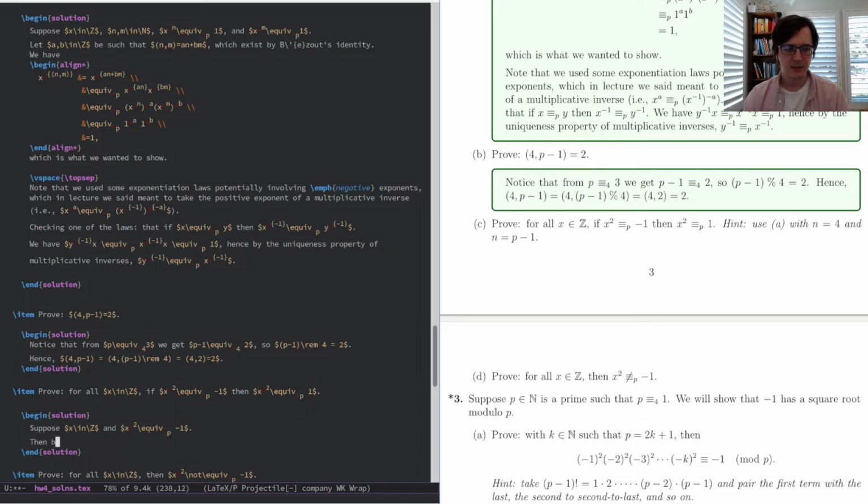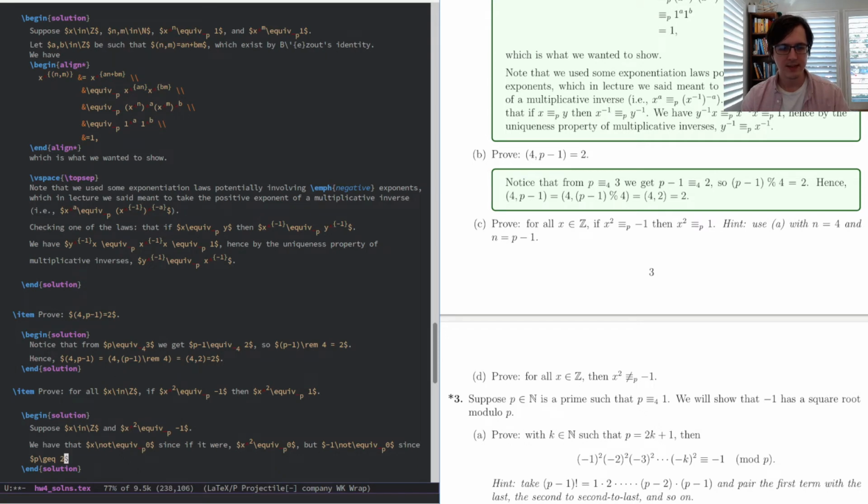Then, oh yeah, I never mentioned that x is, okay, we have that x is not equivalent mod p to 0, since if it were, x squared would be equivalent to 0, but minus 1 is not equivalent to 0 mod p, since p is greater than or equal to 2.